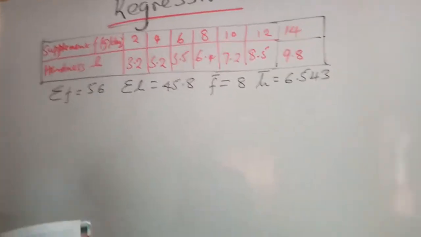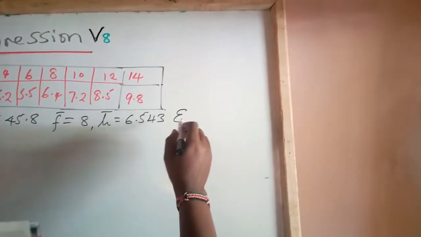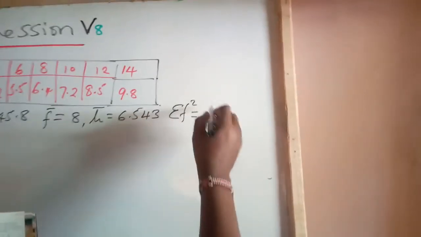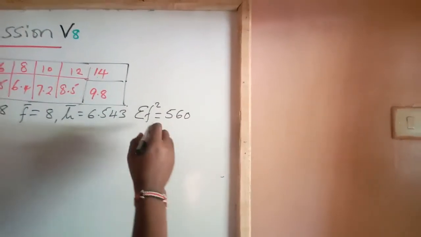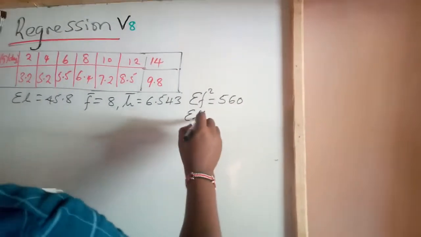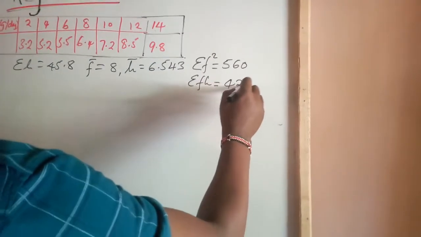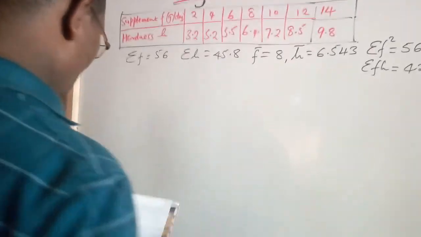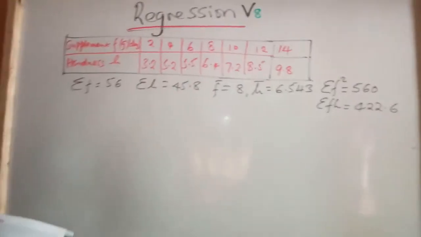At the same time, sigma f squared is 560, and sigma fh is 422.6. We have been given those constants or values to use.